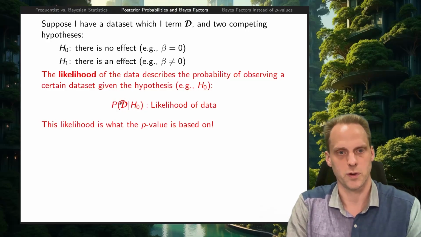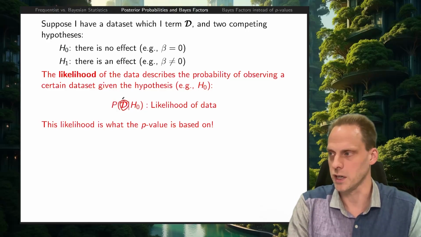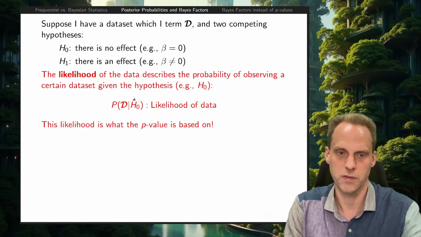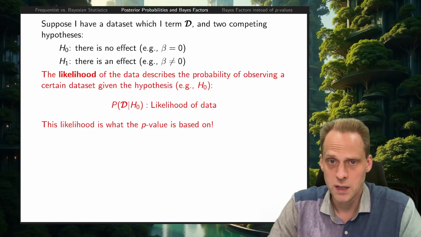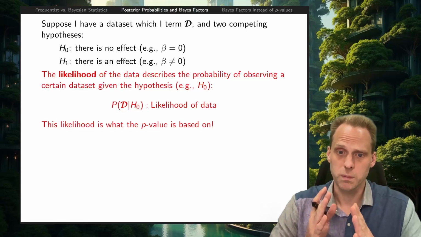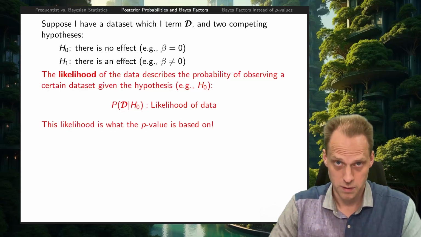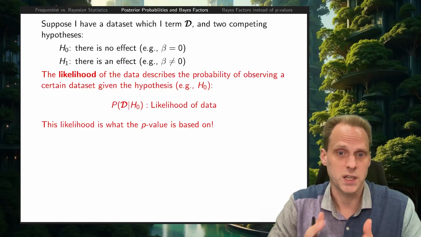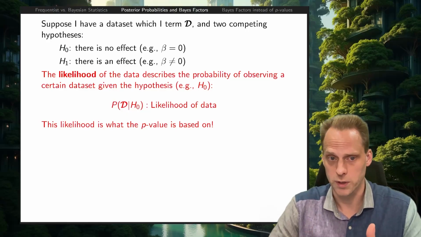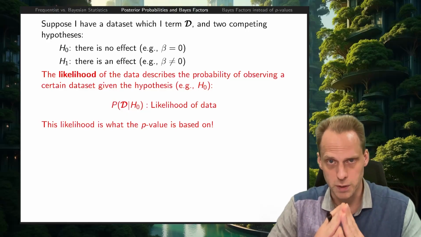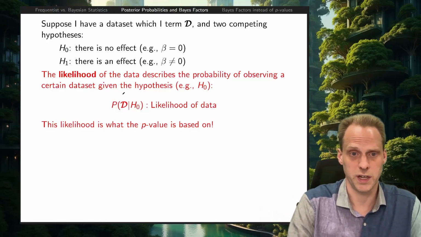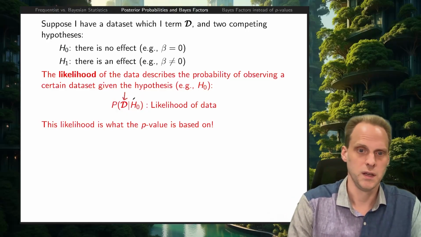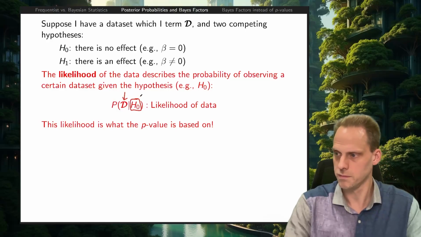So this stands for the probability of seeing a certain data set, given that our null hypothesis is true. We call this the likelihood of the data. And this is exactly what the p-value is based on. The p-value is calculated from this likelihood function, as we call it. That is pretty much the p-value. How likely is it to observe this data, or more extreme cases, given that a null hypothesis is true?